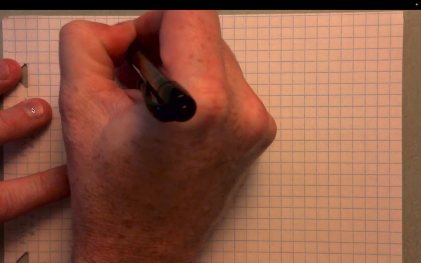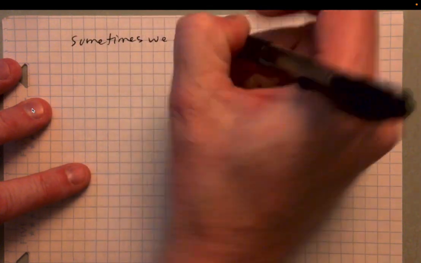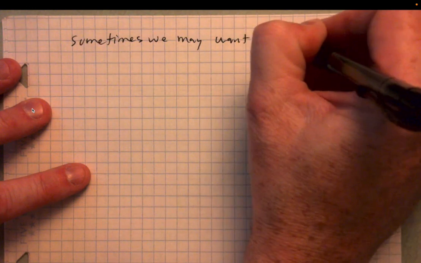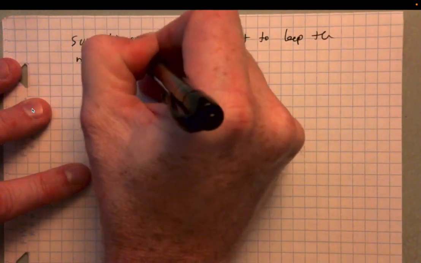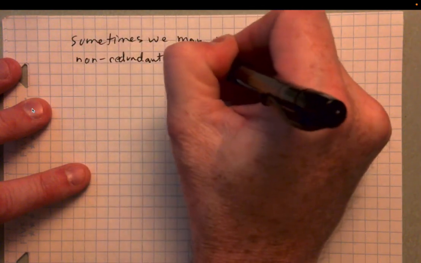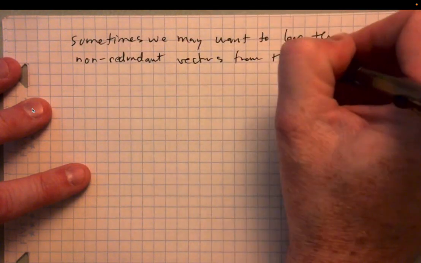All right. So sometimes we may be interested in reducing the spanning set by eliminating the redundant vectors, but still retaining some of the original vectors. So sometimes we may want to keep non-redundant vectors from the original set.